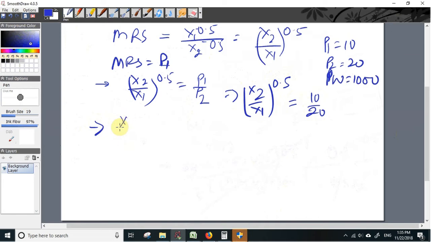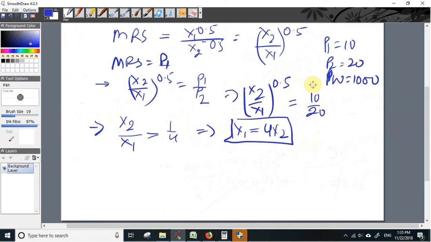So this is x2 over x1, so we square both sides, and this is 1 over 4, that gives us x1 equals 4x2.